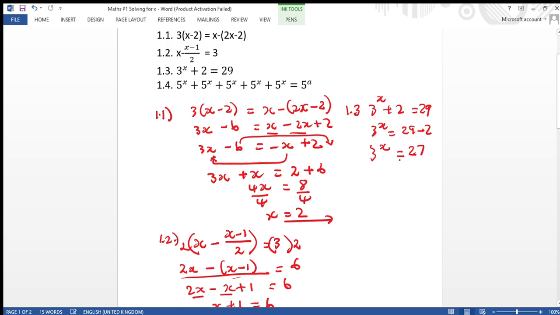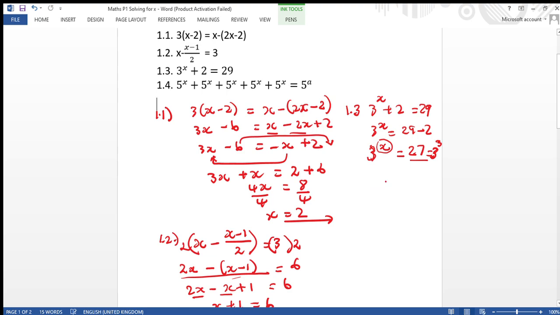Okay, since you have a 27 on the right hand side, 27 can be rewritten as 3 to the power 3. Why am I rewriting 27 like this? Because x here is the exponent. So we're trying to make the 3 the same as the 3 there.